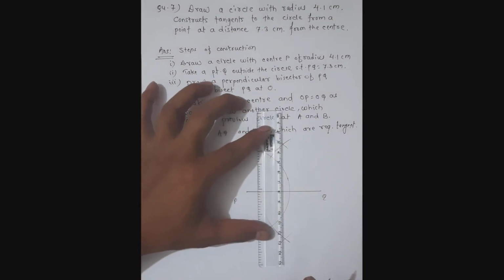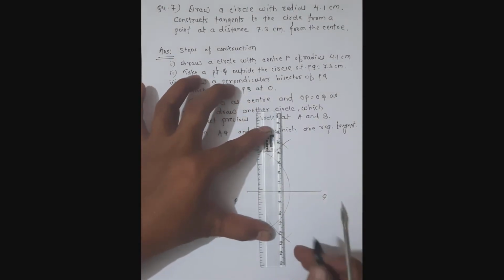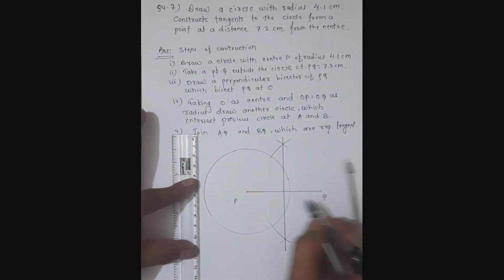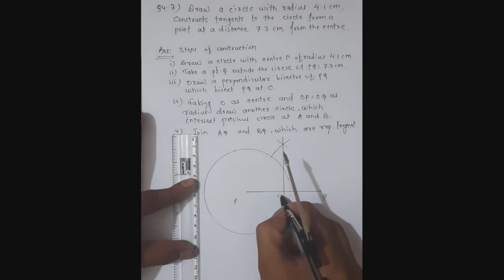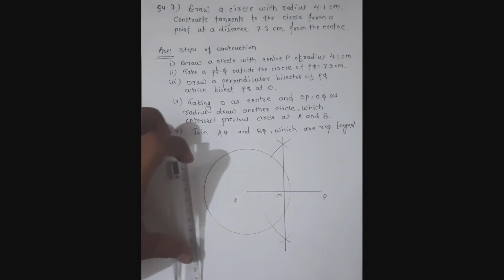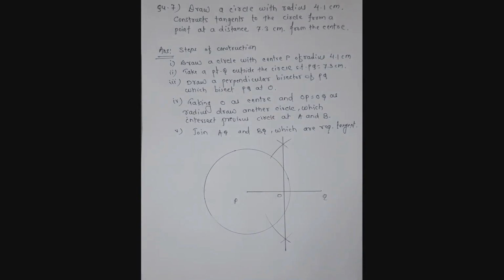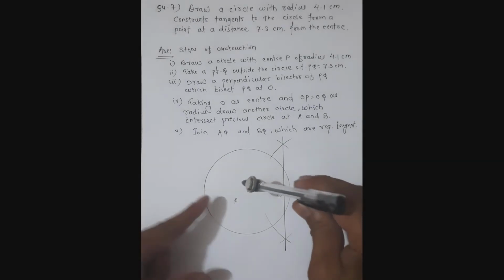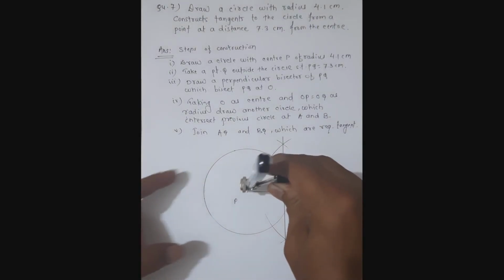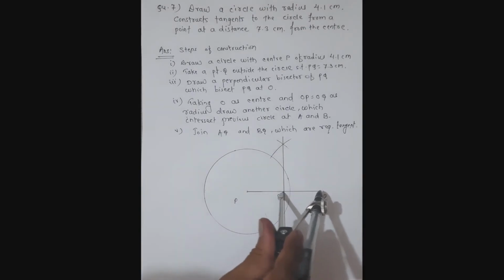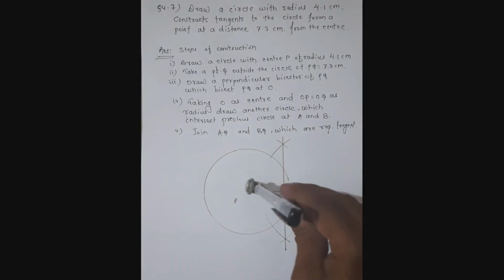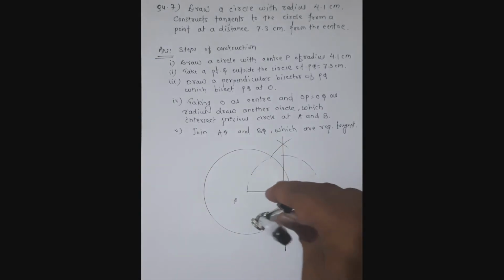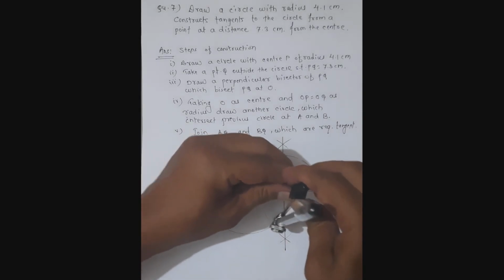Then we join these and we get a perpendicular bisector, and this perpendicular bisector bisects this segment PQ at point O. Now we have to draw a circle with the help of radius OP equals OQ. That means here OP is a radius, PQ is the diameter. So we draw a new circle of radius OP equals OQ, that we write in step 4.